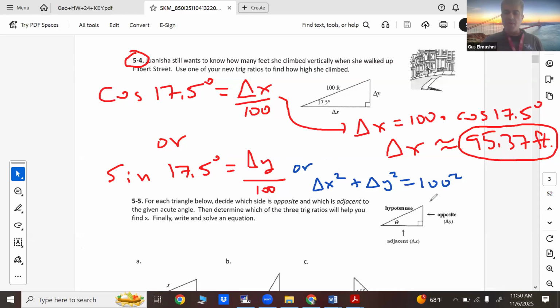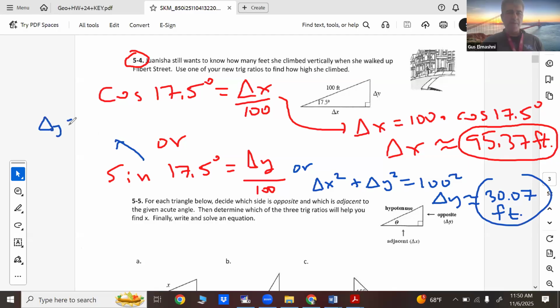So for example, if I solve for delta y, I'll skip some steps. I'll do 100 squared on my calculator, minus the other value squared, root the whole thing. You should get 30.07. Or if I did this, delta y equals 100 times sine of 17.5 degrees, because all the trig ratios assume right triangles.